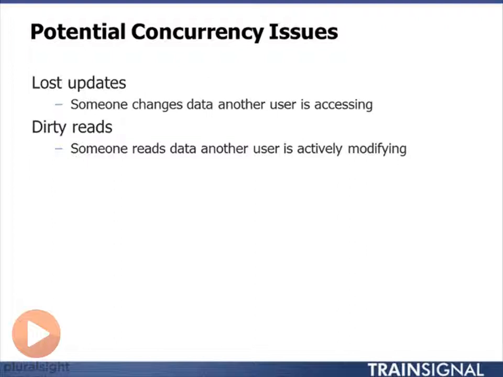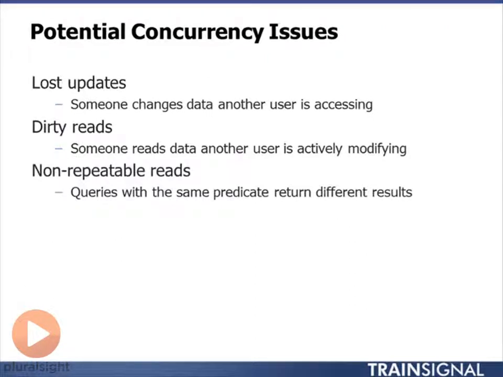For example, maybe I'm in the process of trying to read orders and the associated order details. While I'm reading all of that, somebody else comes along and they modify an order that I was in the middle of reading, and they modify maybe the date or total due or something like that. And now I'm reading data that might be committed, might not be committed, might be in the process of doing something else. That's a dirty read.